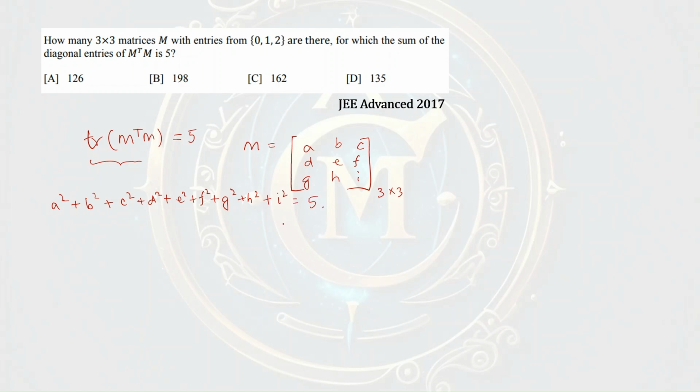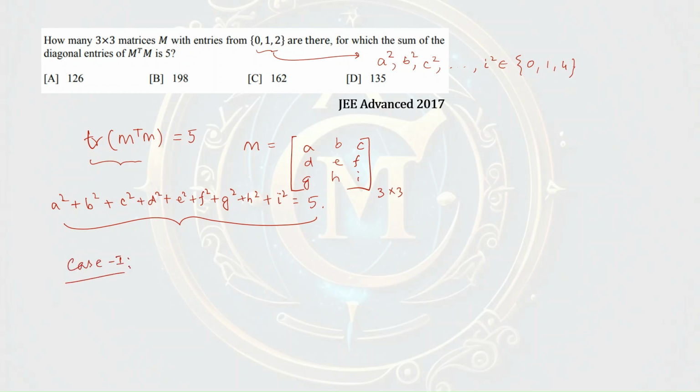It is equal to 5. Now, as all the elements belong to this set only, that means their squares, A square, B square, C square, and so on up to I square, will belong to the set 0, 1, 4. So we have to somehow arrange these terms such that their sum equals 5. So we have to consider cases.